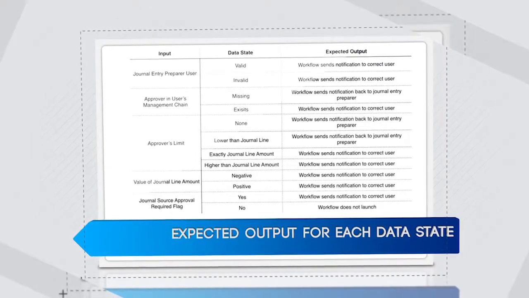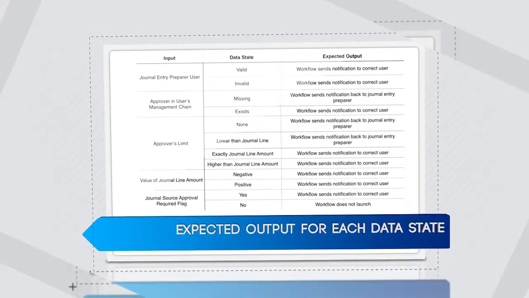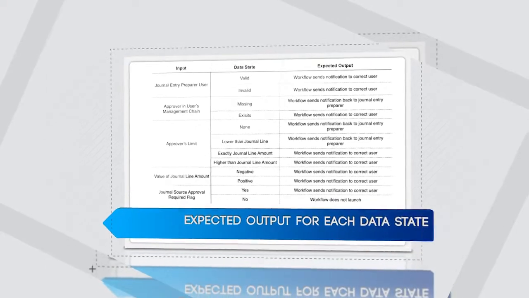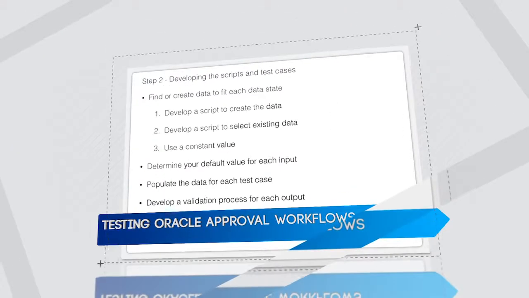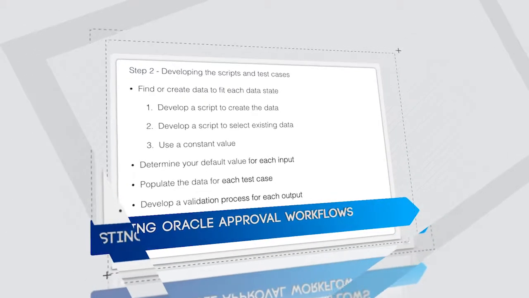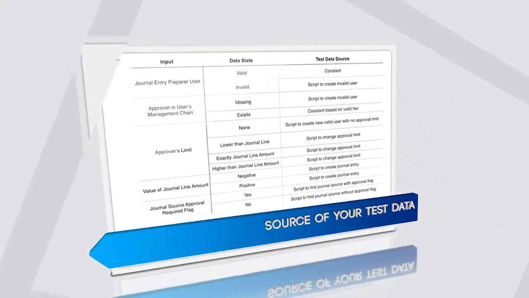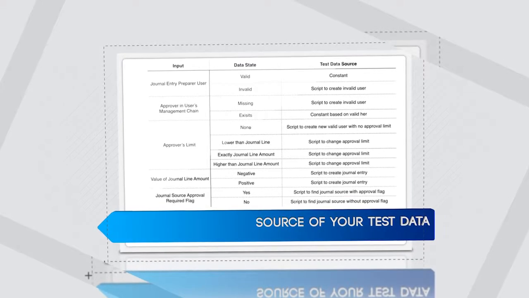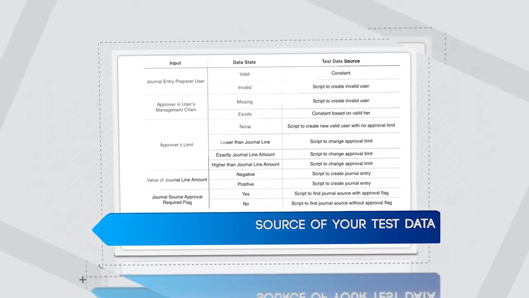Now that we have our inputs and our expected outputs, we can go to the next step, which is developing our test scripts and cases. So we need to find the data that fits this state, and that's what I was talking about earlier. When there's an invalid user, what do we mean by that?